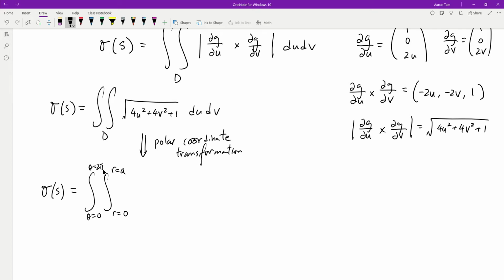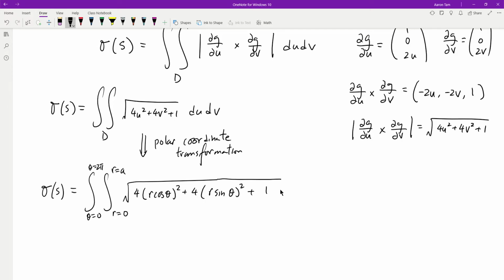So now the question comes down to what would happen to my integral. If you remember in 7.4, once again, if you don't remember, you should look up your notes. I'm going to have to first change my integrand. So u would be like x, so it would be r cosine theta squared plus 4. v would be like y, which is r sine theta squared plus 1.